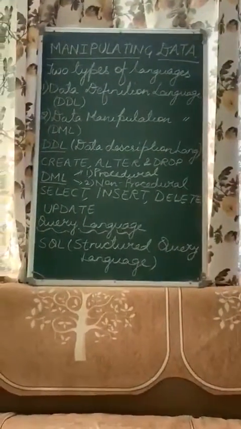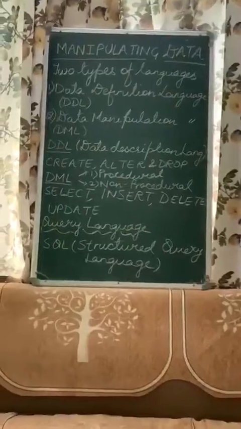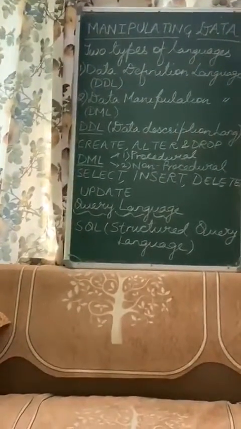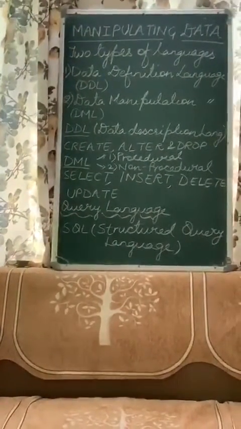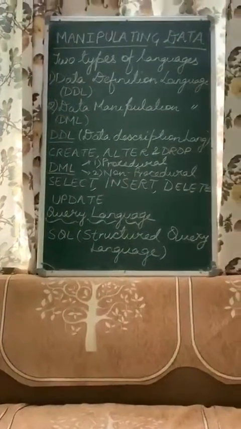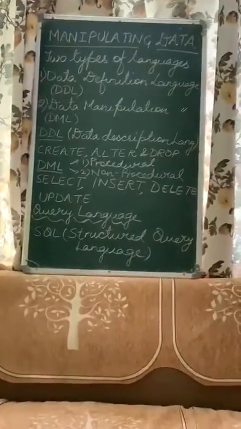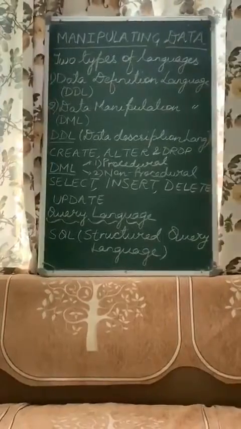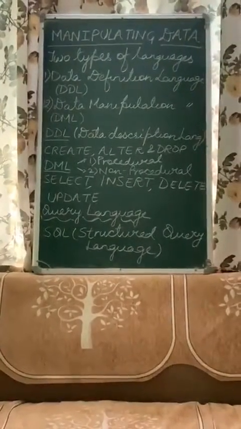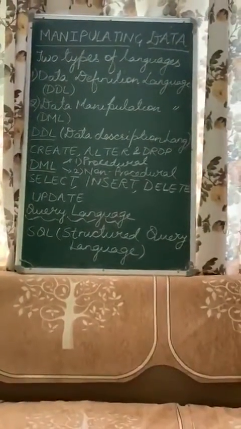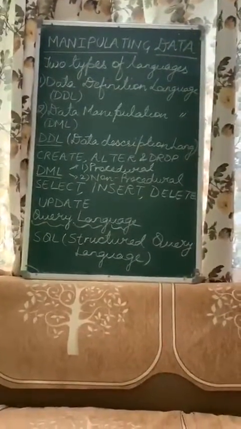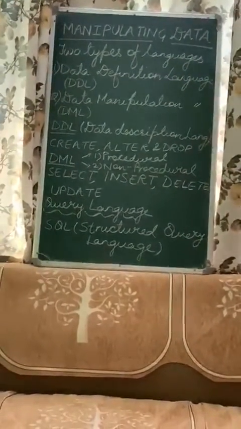Data manipulation language is of two types: one is procedural and another one is non-procedural. In procedural, the user will specify what data is needed and how to get it, that is, what data is required to build the database and how you will get that data.